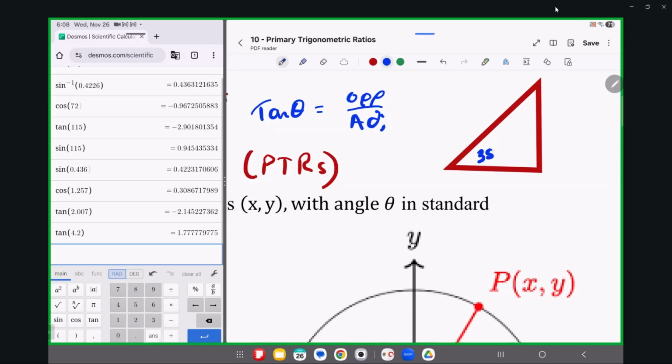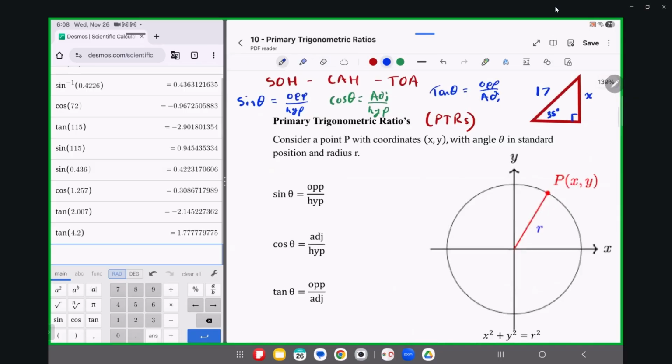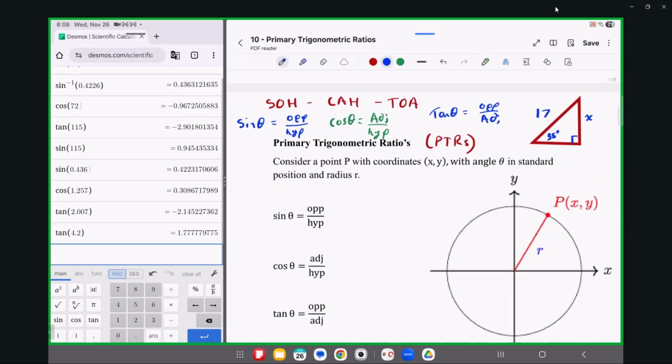If this angle is 35 degrees, it's a right angle triangle, and this side is X, and you know this is 17, you could use a trigonometric ratio to solve for X. In this case, you would use sine, because sine of 35 is equal to X over 17, and X would end up equaling 17 sine of 35 degrees. If you were curious, you could type that in, 17 sine of 35, it'd be about 9.75. And I trust that if you've taken a course before, that's what you remember from the past, that you could use trigonometry for that.